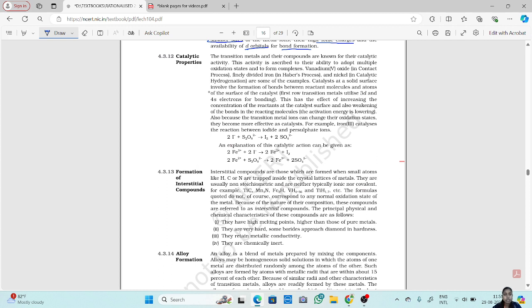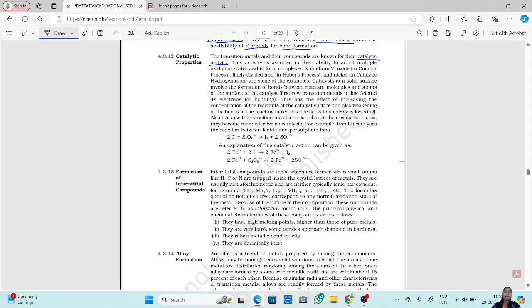So the transition metals and their compounds are known for their catalytic activity. They have a high chance for catalysis. Now this activity is ascribed to their ability to adopt multiple oxidation states and to form complexes.